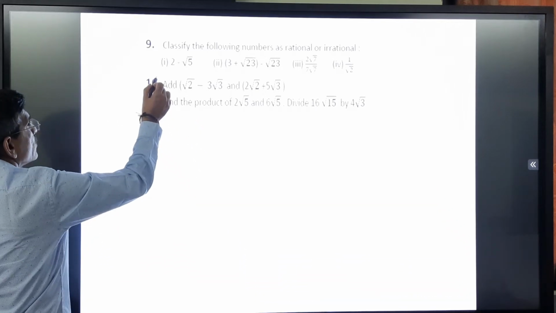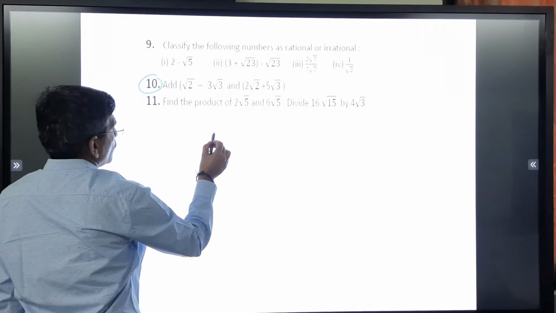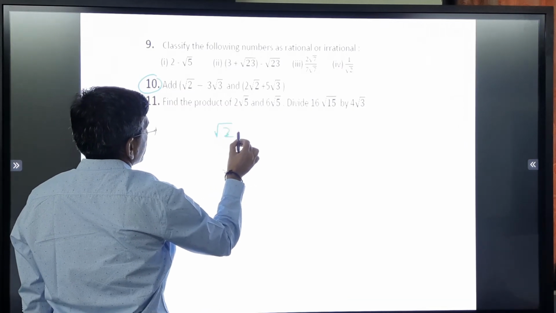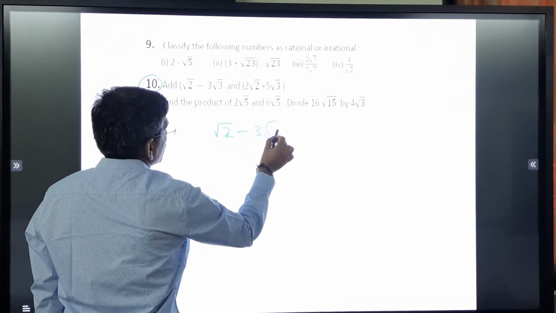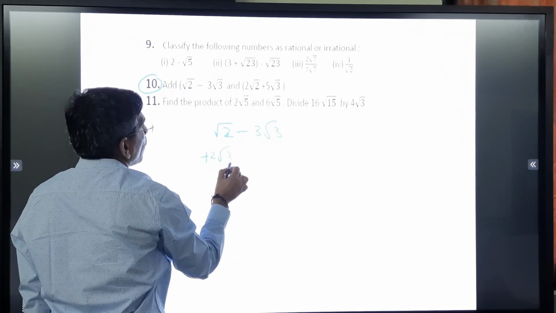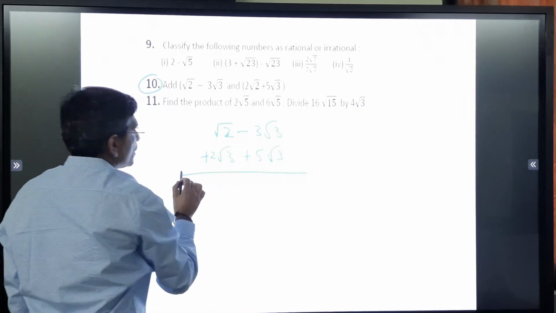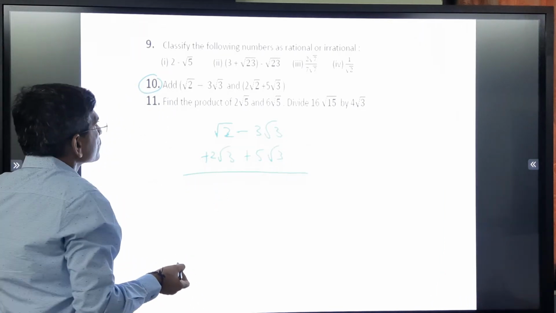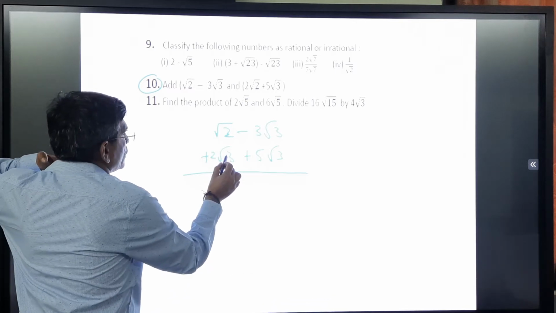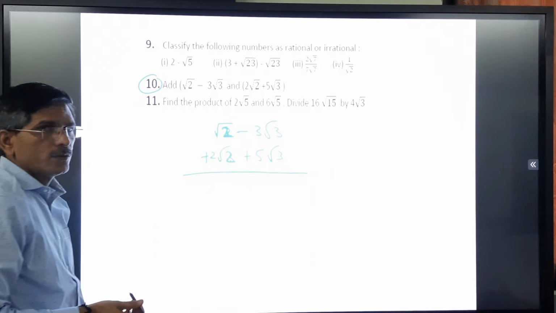Now, we have already discussed in class how we can add these. So root 2 minus 3 root 3, plus 2 root 2 plus 5 root 3. We have to simplify it because again it is root 2.